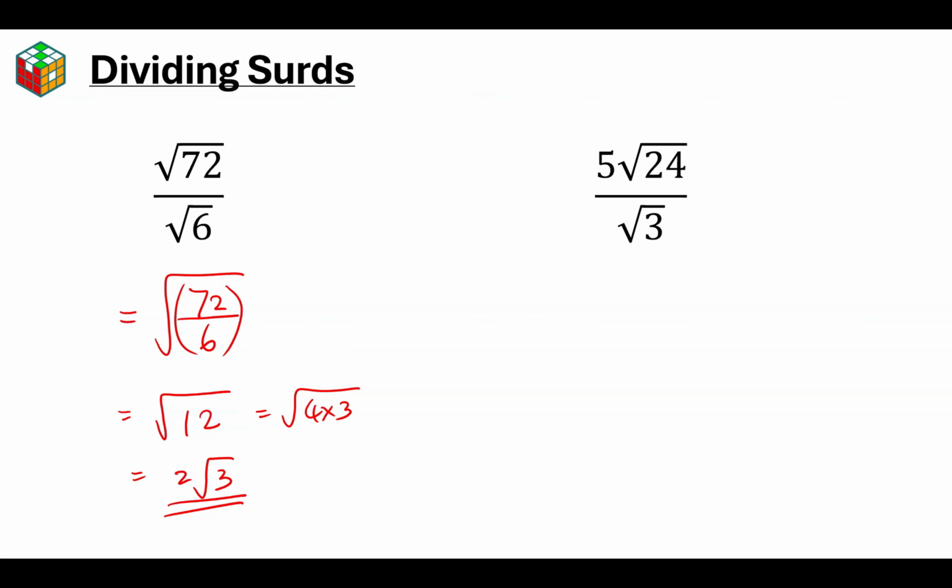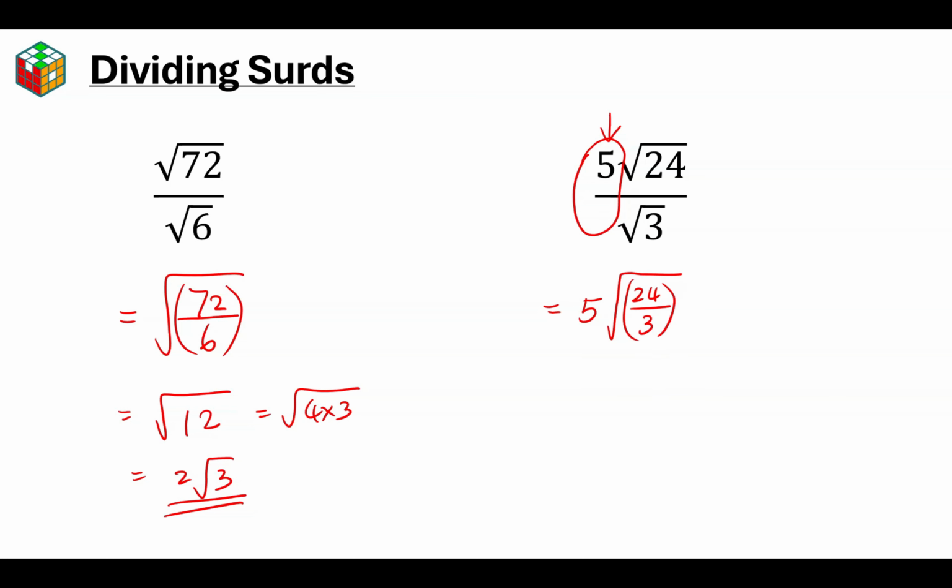For the one with the integer in front, it's the same. You can make it look like 5 divided by 1 first, and then you can do the root 24 over 3.